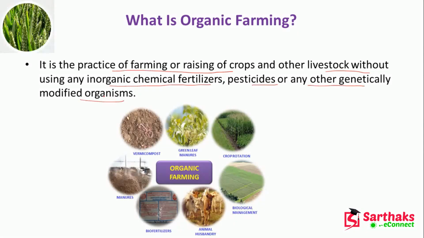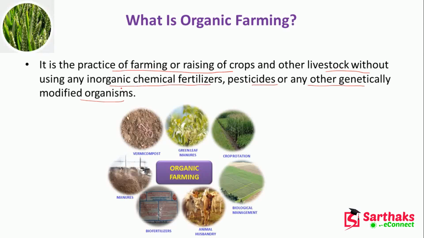That means in organic farming we are raising the crops, but we are not using synthetic pesticides, we are not using inorganic chemical fertilizers, and we are not using modified organisms.